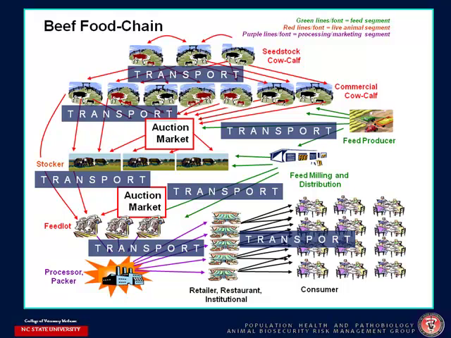And this is the first area where we have some real concentration. Remember that 6% of feedlots produce 67% of the fed beef. They move then into the packers, 4 firms controlling 81%, and then it moves into final consumption.